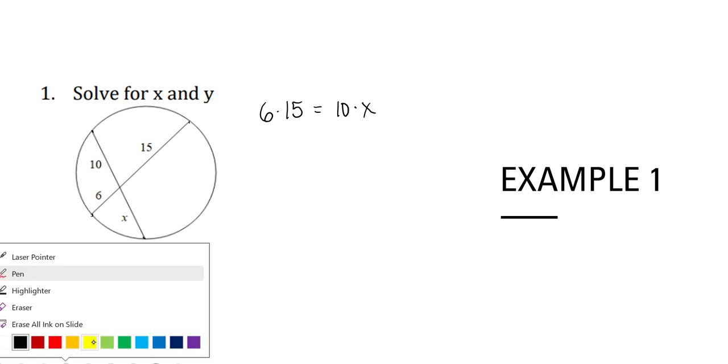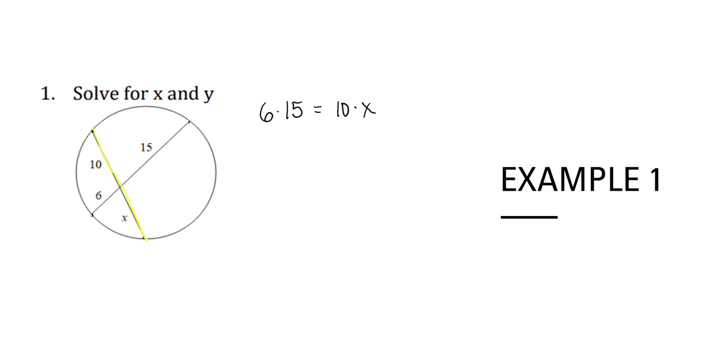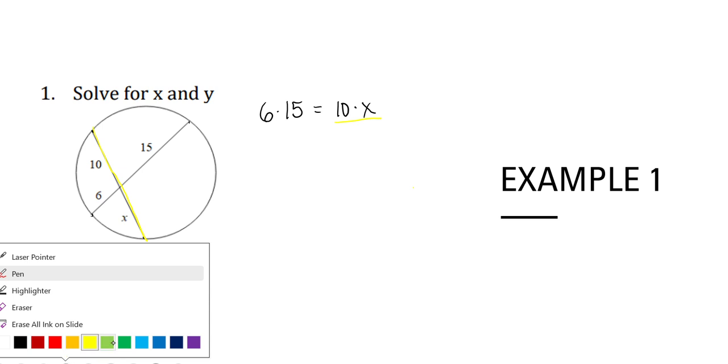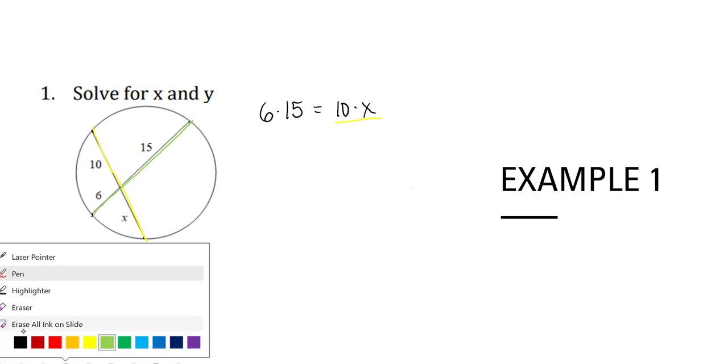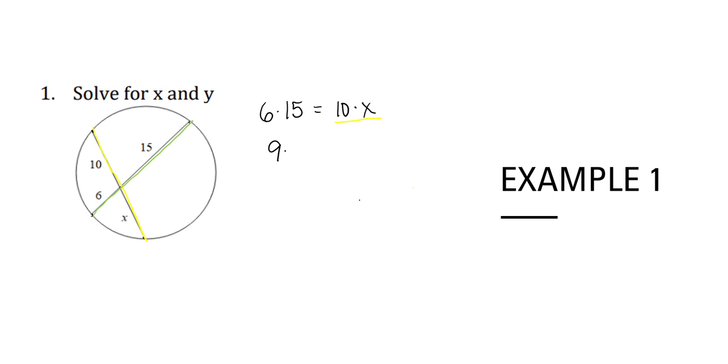Remember, I keep my line segments together, so 10 and X are on one side of the equals, and 6 and 15 are on the other side of the equals. And then when I multiply those together, I get 90 equals 10X, and then I can divide by 10. So X is equal to 9.